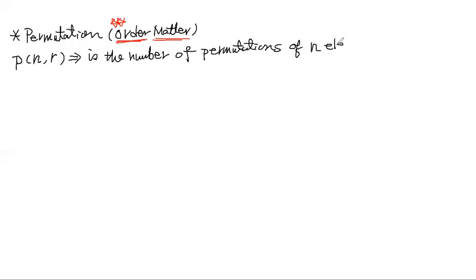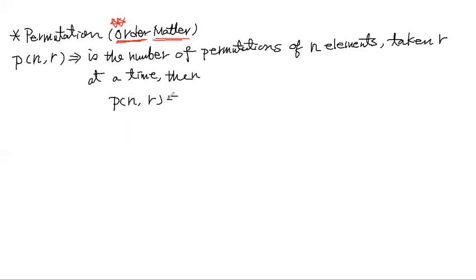If you have n elements, then you are taking out r every time. So what is the total possible number of ways? That's how we define it: P n r is equal to n factorial over n minus r factorial.